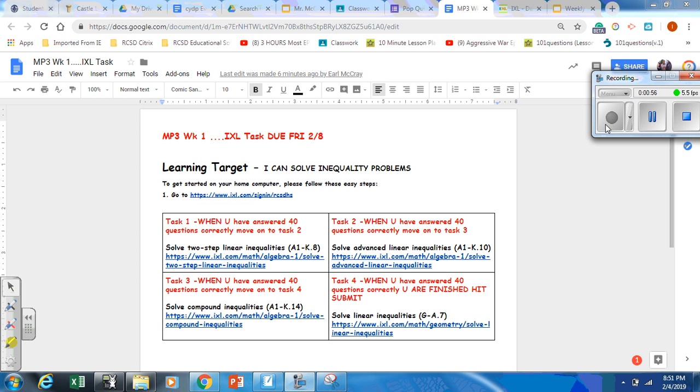Then we're going to transition and look at solving advanced linear equations to see if there's any pattern that we can use to keep things simple. All right, let's look at our first type of question.